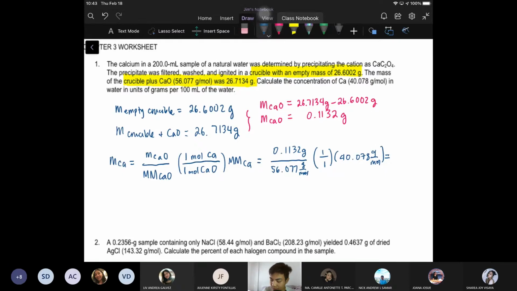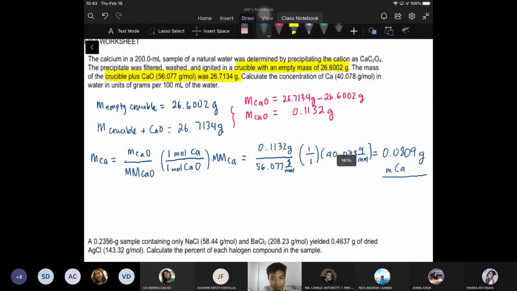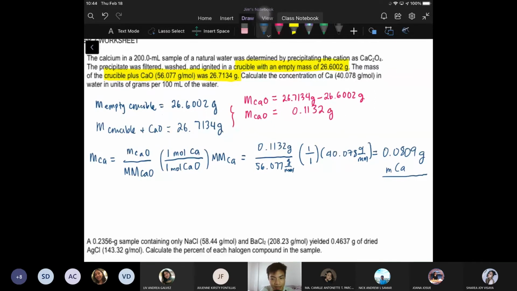So that will be 0.0809. This is the mass of calcium, right? It would be okay if only the mass of calcium was being asked. However, the problem requires us to get the concentration of calcium in units of grams per 100 mL of the water.